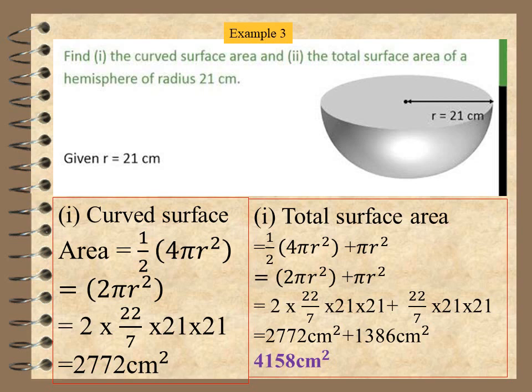So the total surface area will be 2 times 22 over 7 times 21 times 21 plus 22 over 7 times 21 times 21, which will give you 2,772 plus 1,386 centimeters squared, giving us a total of 4,158 centimeters squared.